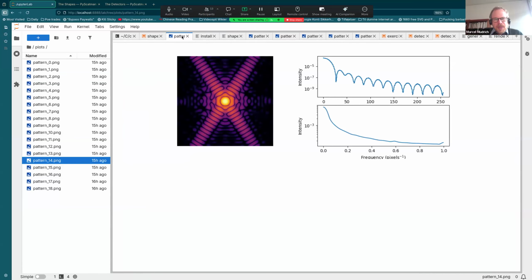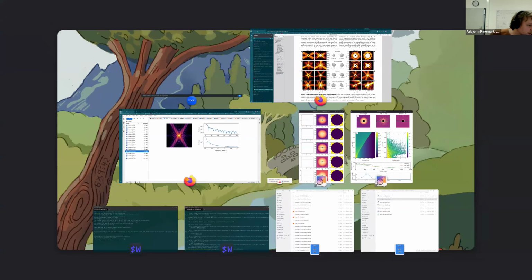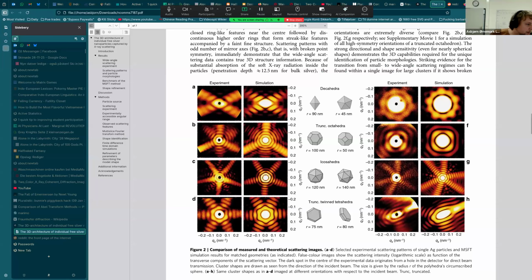So which shape is it? Good question. This is number 14, right? I think it is a dodecahedron. They don't have dodecahedrons here.